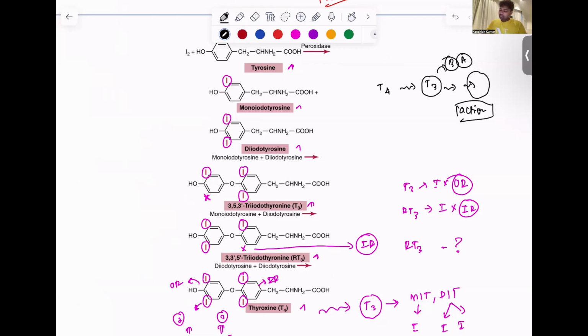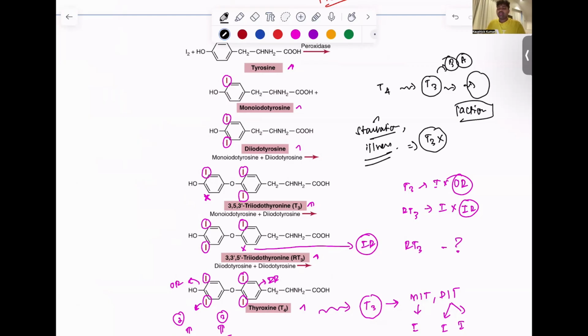So imagine a person is in starvation or has severe illness. You don't want the body metabolism to go up, right? Basically, thyroid hormone promotes metabolism, so you don't want the action of T3 here.